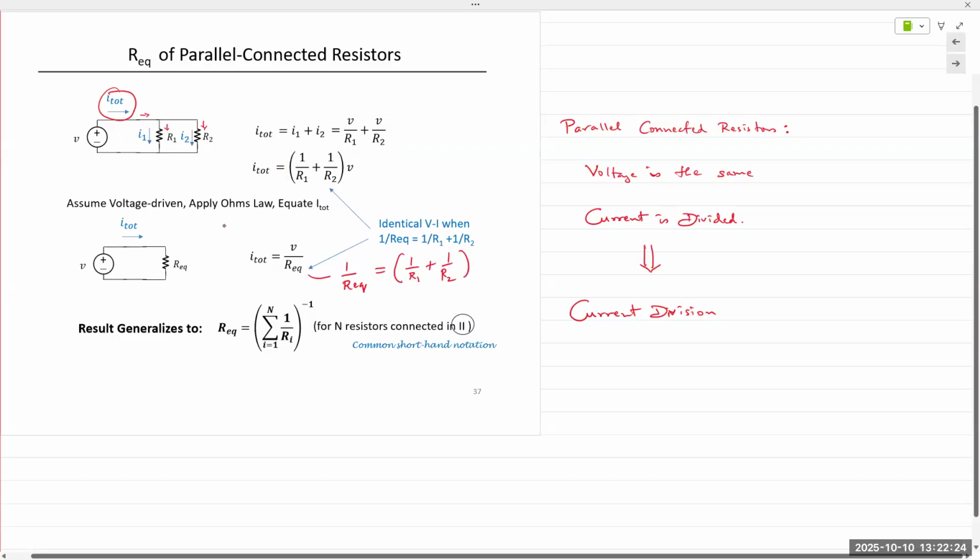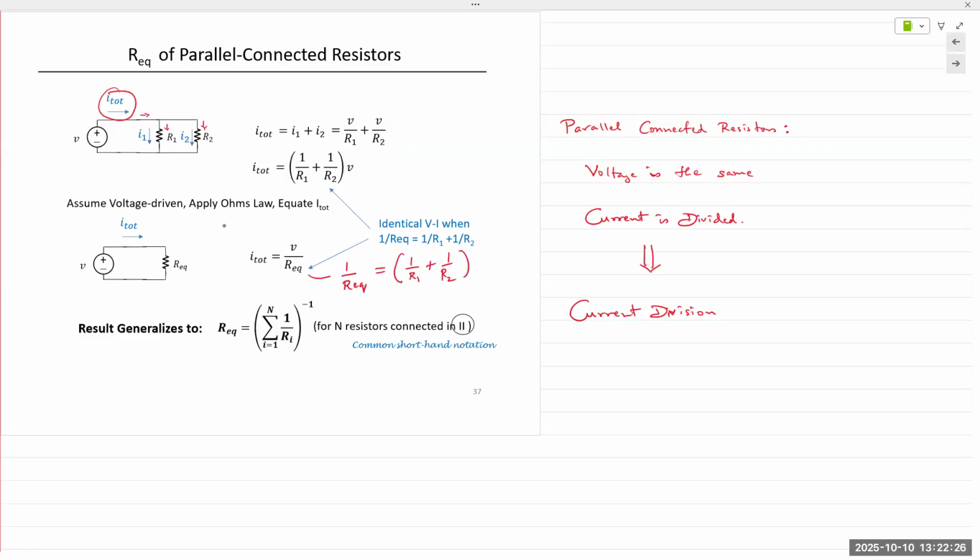And hence REQ is the reciprocal of that term. Okay. 1 over REQ is 1 over R1 plus 1 over R2. Hence REQ is the reciprocal.